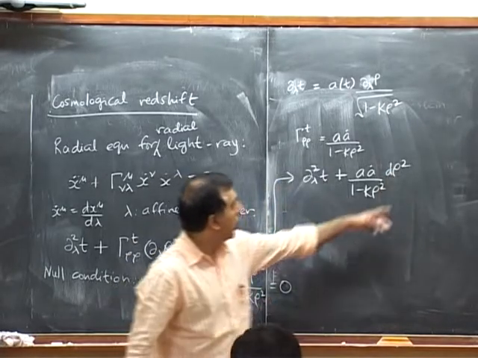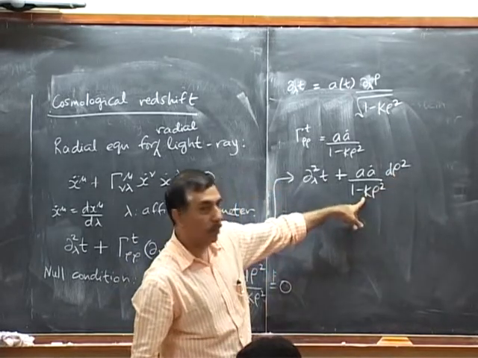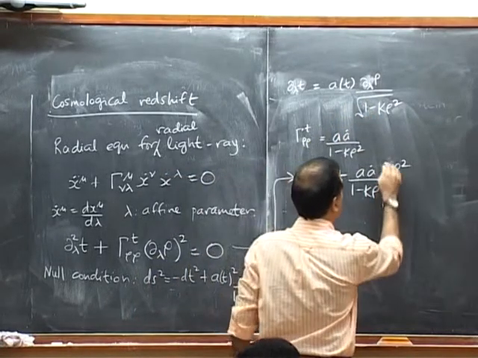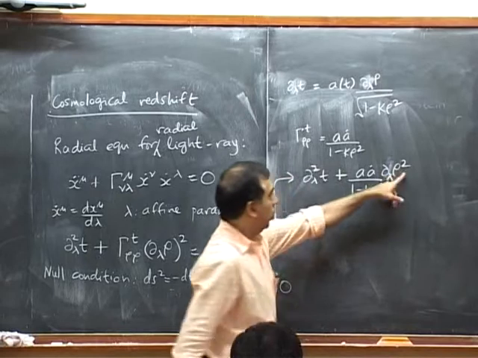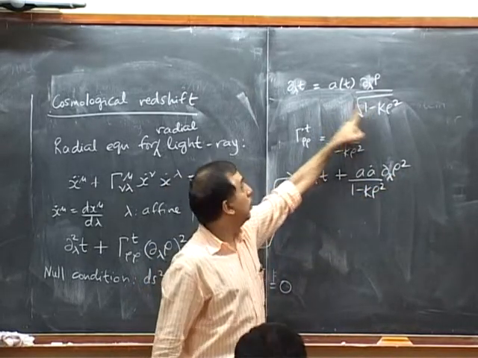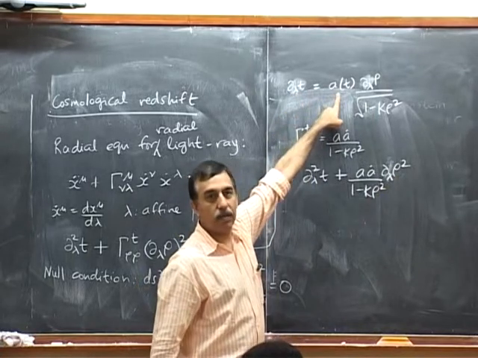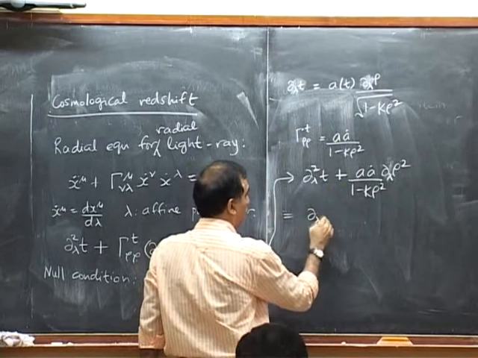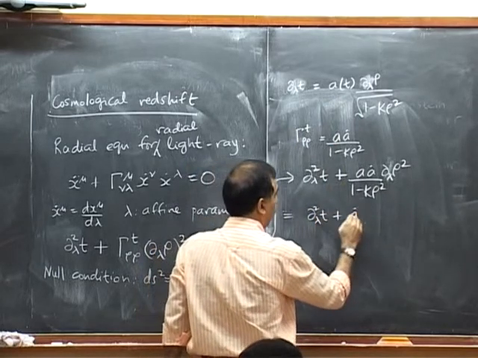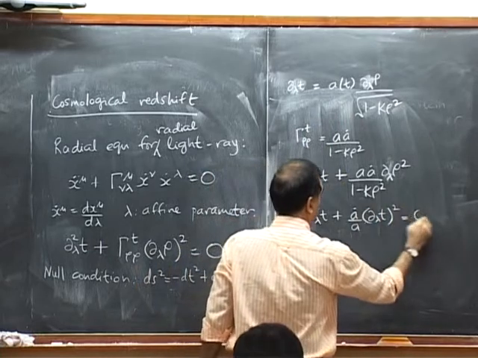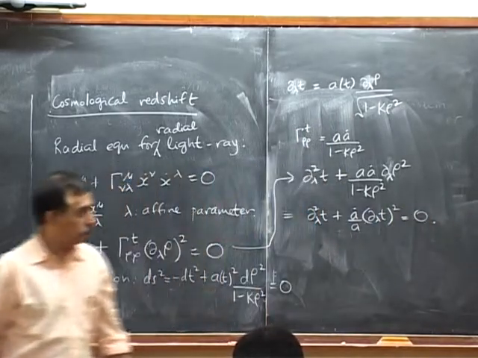Now conveniently, I see that d rho squared upon 1 minus k rho squared is exactly the combination. Del lambda of rho squared over 1 minus k rho squared is this combination squared. So it's nothing but del lambda of t squared over a squared. This is the geodesic equation.